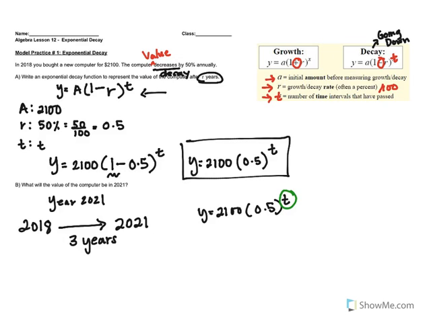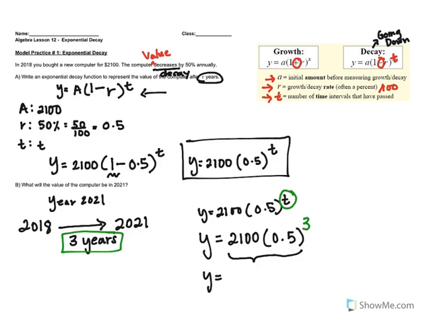So this is what I want to take and input into my equation over here. So I have y equals 2100 parentheses 0.5 to the third power, because that's how much time has passed. And when I put this into my calculator, I get y equals 262.5.